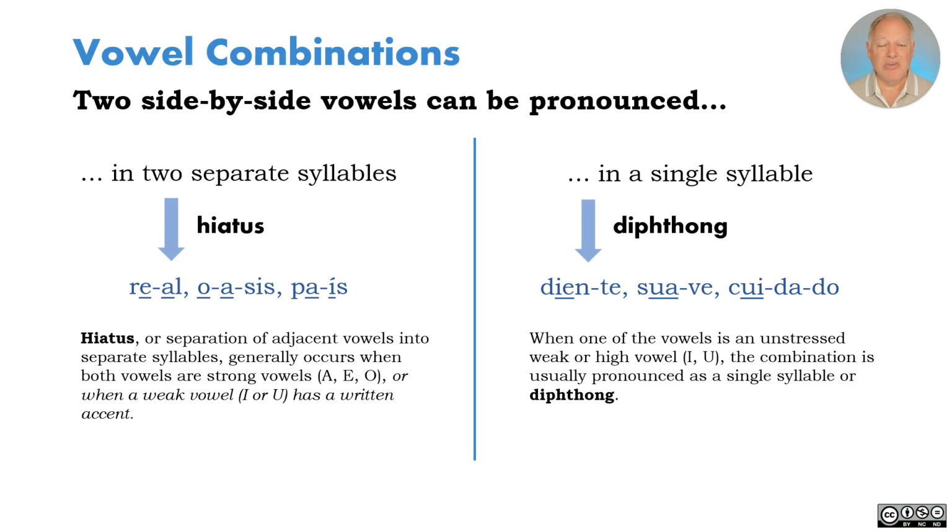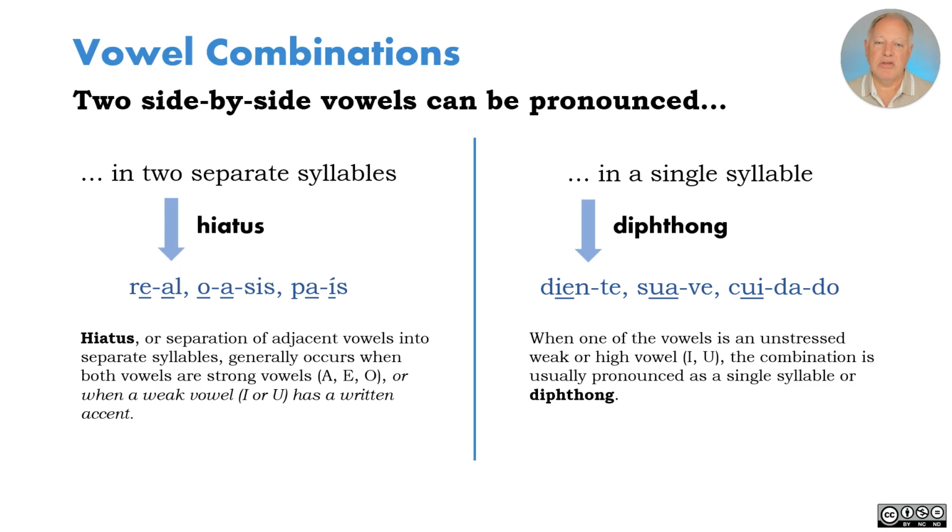Let's look at some examples. The word diente has two syllables. The first syllable has that vowel combination squished together, diente. Or the word suave. The first syllable has the U and the A pronounced together, suave.